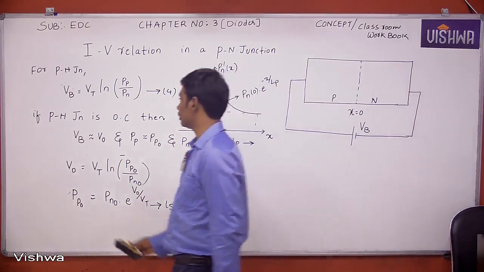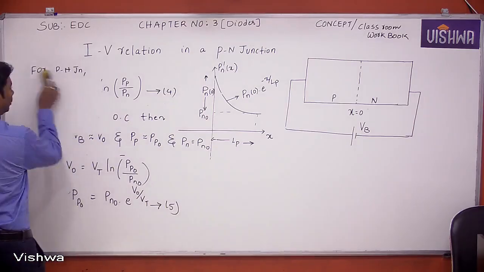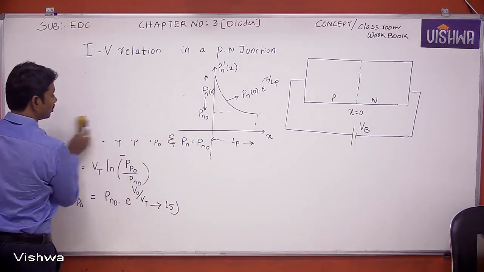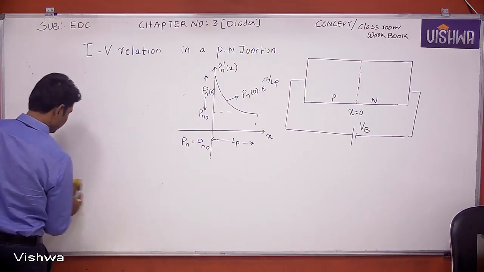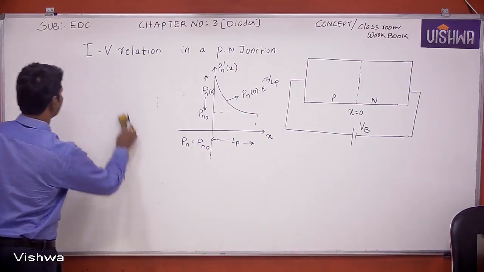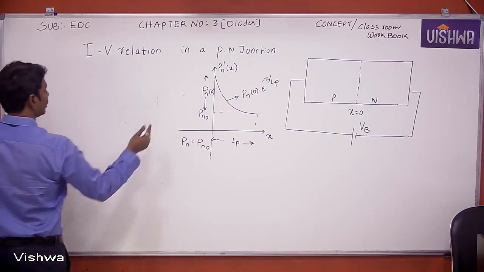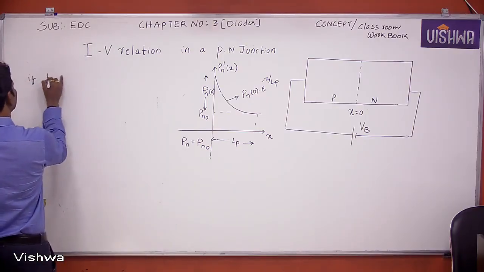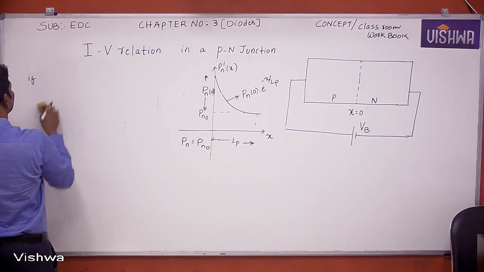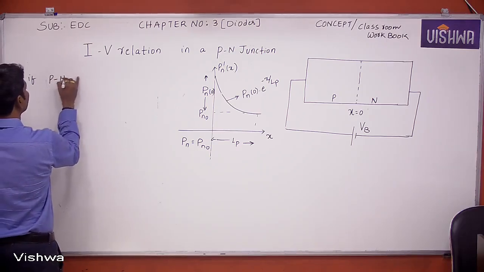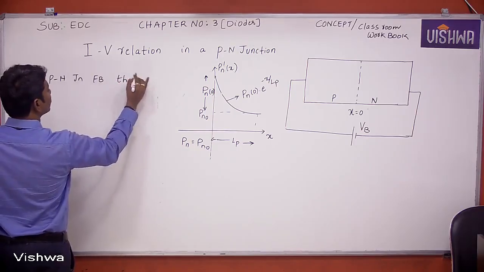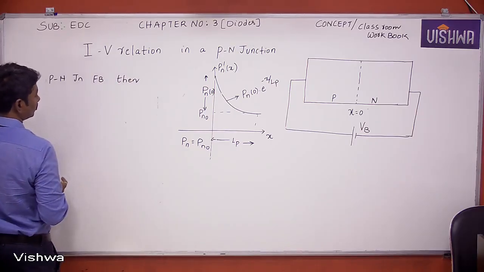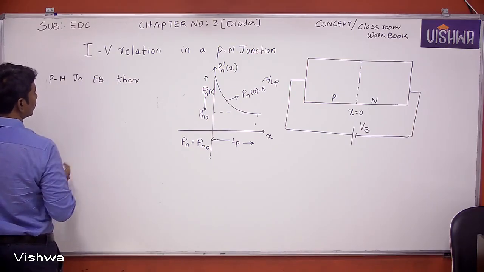Next. This time, if the PN junction is in forward bias, what is the hole concentration here?